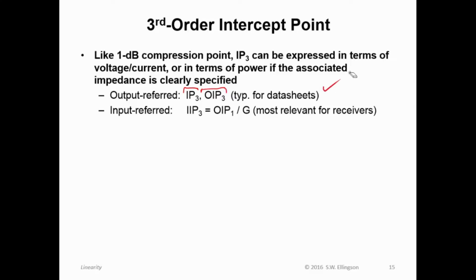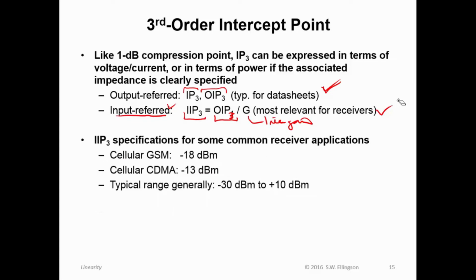And again, this is typically what datasheets show, but you can immediately convert this to an input referred third order intercept point. We typically use a variable IIP sub 3, and that's simply the output referred third order intercept point, and that should be a 3 there, divided by the linear gain. And that would be more relevant for receivers because the input signals are what we're concerned about with a receiver.